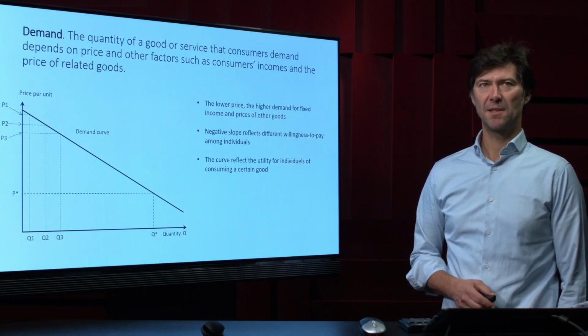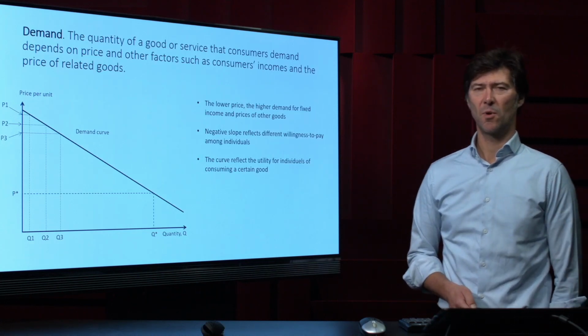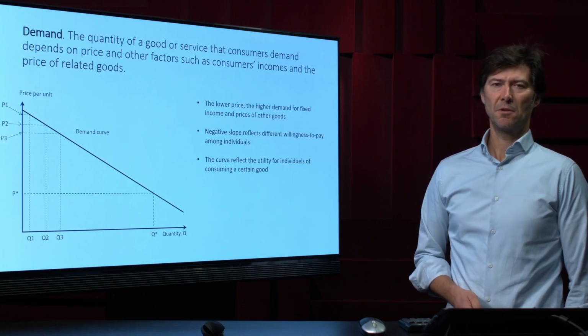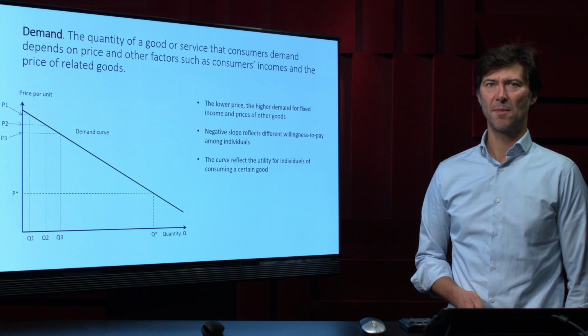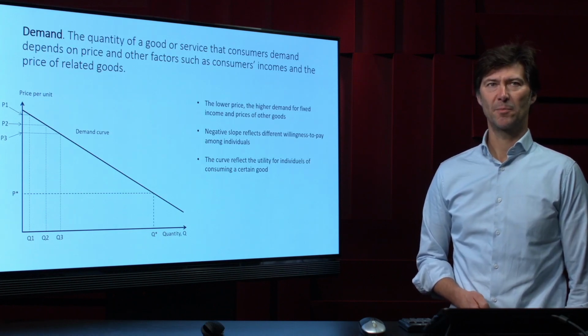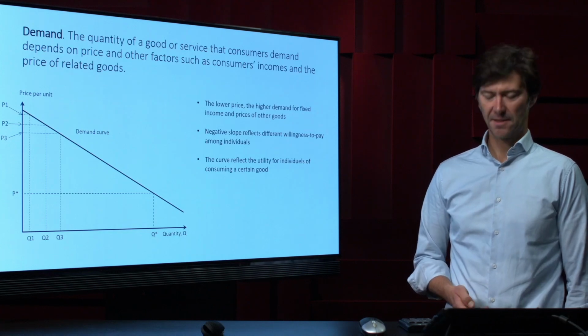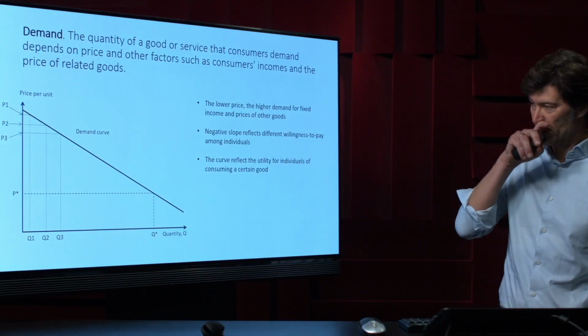So the lower the price, the higher the quantities demanded by consumers. For example, if the price is P3, as illustrated in the figure, the demanded quantity will be Q3.